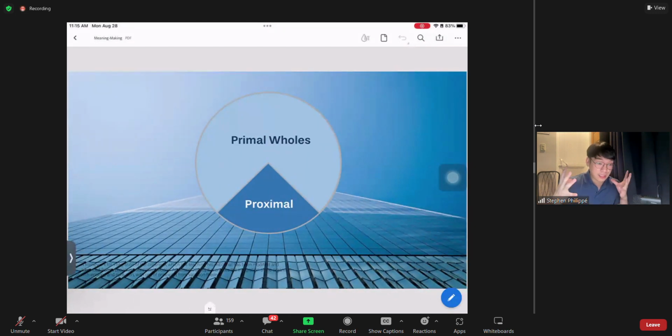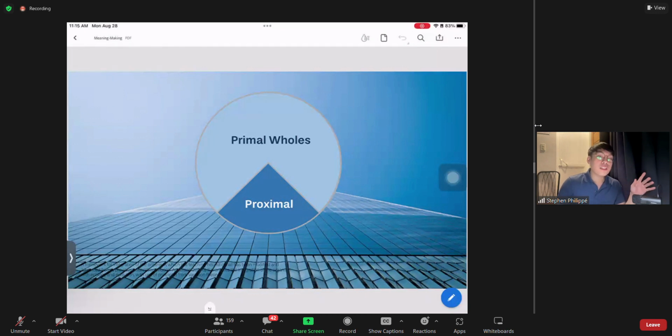And in understanding systems, we should understand what the primal wholes and the proximal wholes are. It means that not all systems are big. A cell can be a system. A mitochondria can be a system. Diba?